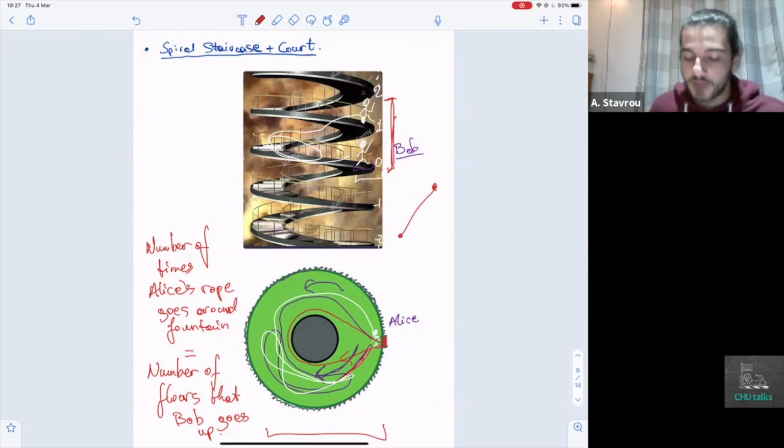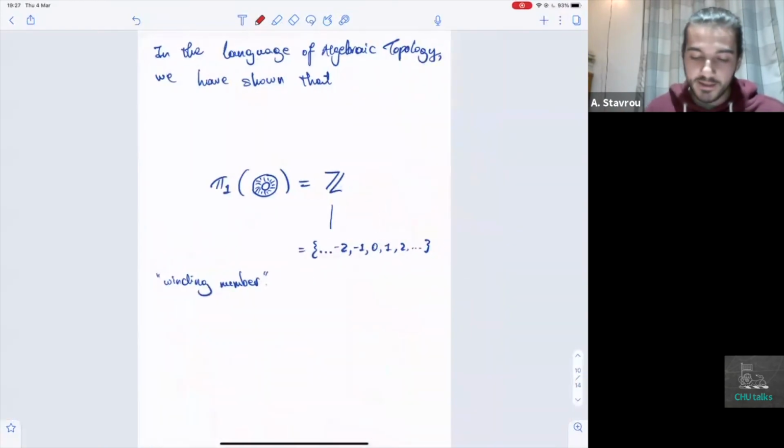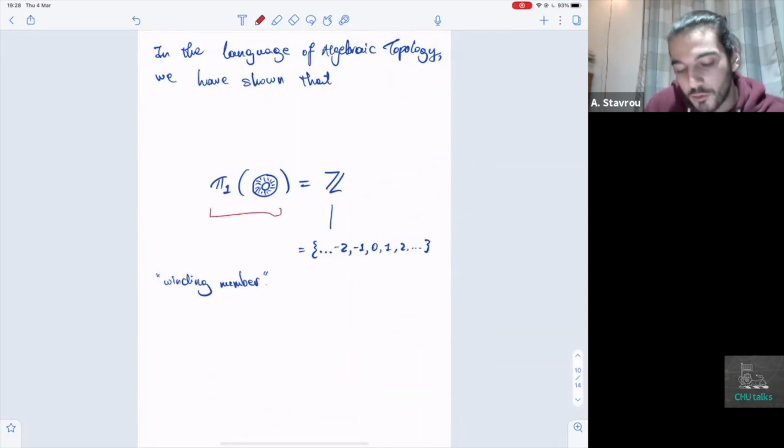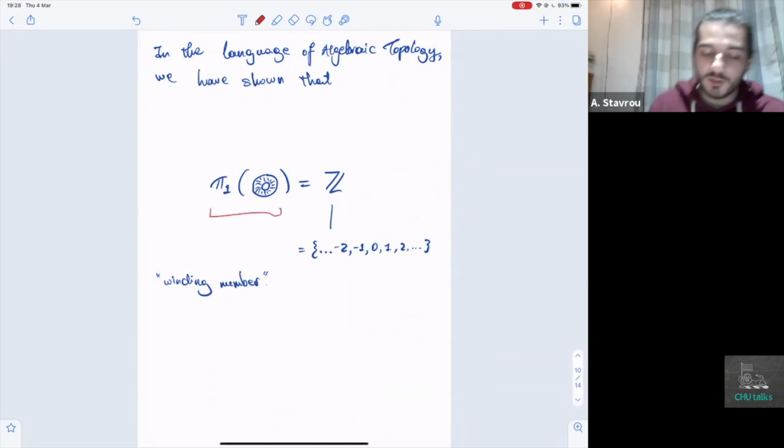This answers a question of classifying all paths in Alice's world up to homotopy. They just have to do with how many times you go around the fountain. So essentially, what we have shown is something that one shows in the first few lectures, the first triumph of algebraic topology in every algebraic topology course: that you compute the so-called fundamental group of the circle to be Z, to just have to do with how many times you go around.